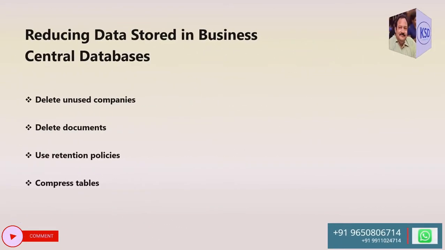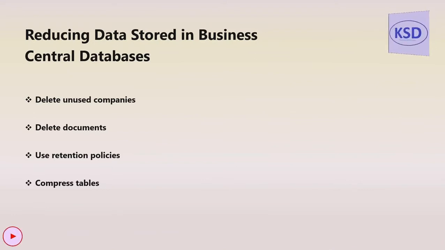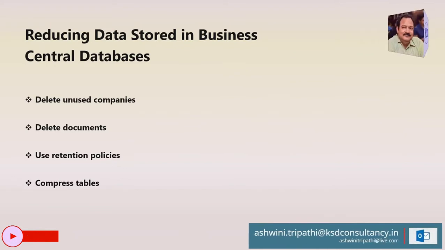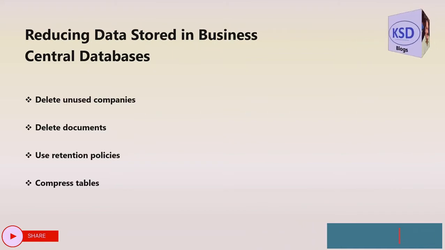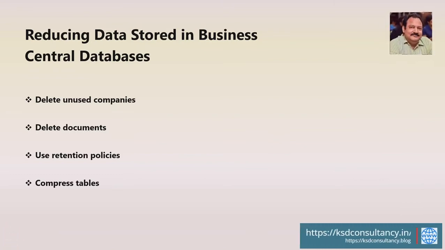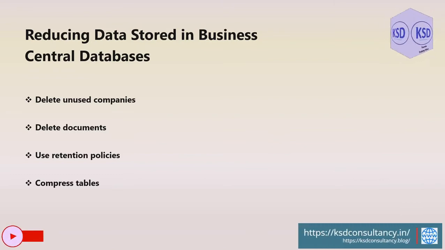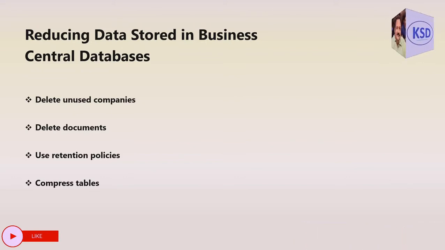The second thing is, when you are considering reducing the database size, it is a good idea to delete your unused companies. There could be a few companies which you don't use, or a test company or anything like that, so you can just get rid of them. You can delete your documents, because you have documents, attachments, and lots of other information, so you can remove them if not required.